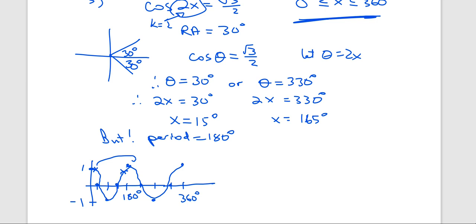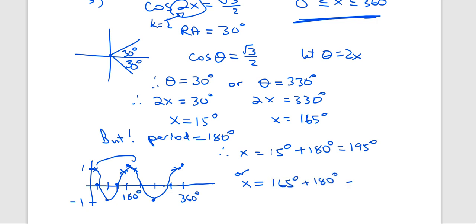So I'm actually going to have 2 more answers. So x is equal to 15 degrees plus 180 degrees, which is 195 degrees, or x is equal to 165 degrees plus 180 degrees, which is 345 degrees.